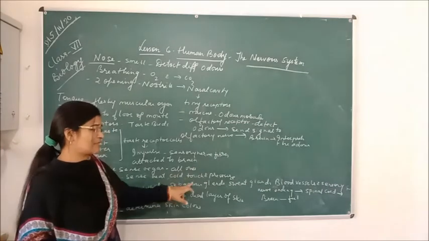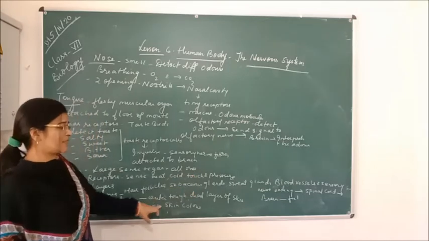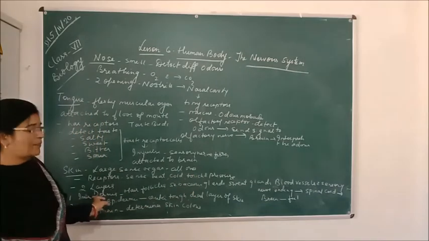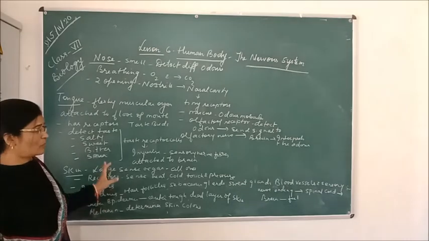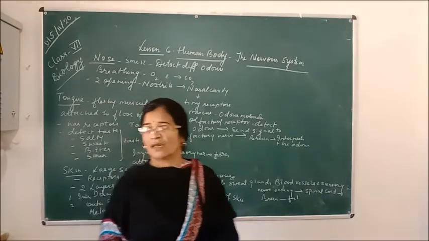These all can be sensed through the sensory nerve endings which are present in the inner epidermis. So this is all about the different types of receptors, their structures as well as function.